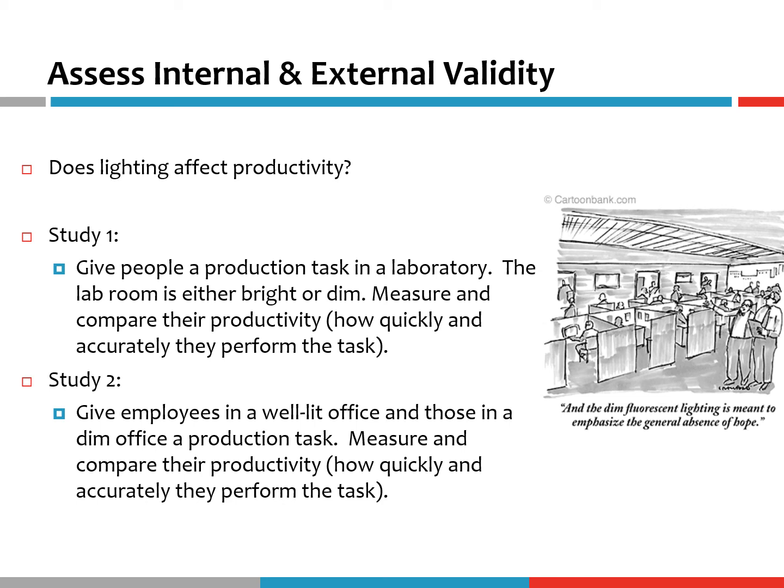So we would have two groups of people here, one group of employees in a well-lit office and one group of employees in a dim office. And then we could compare how quickly and accurately participants in these two settings perform their task. So both of these studies very effectively answer the question, does lighting affect productivity?